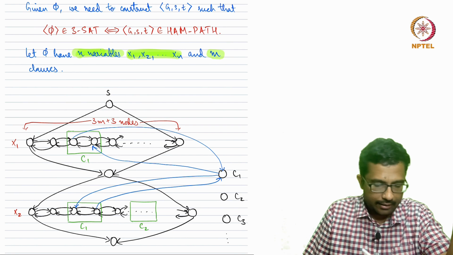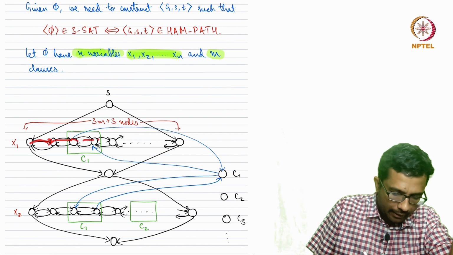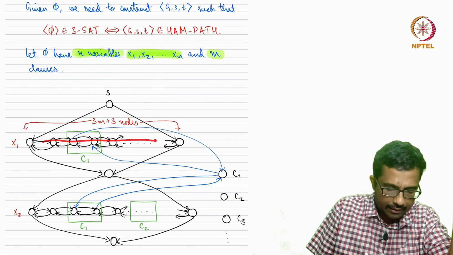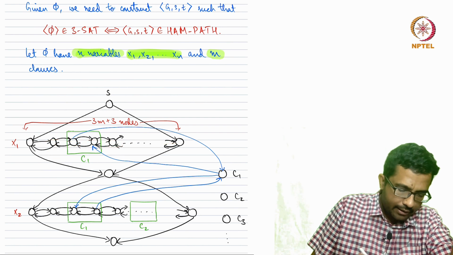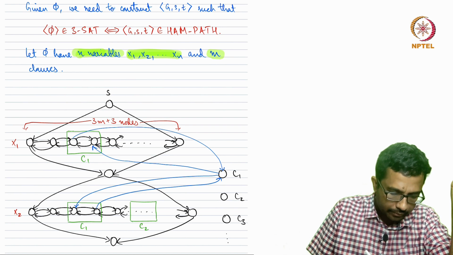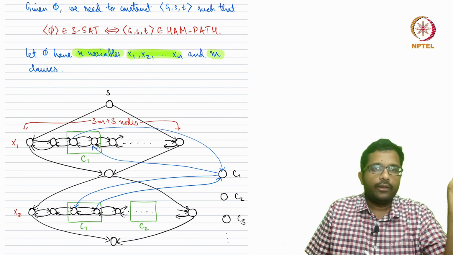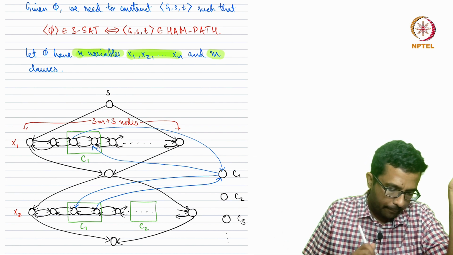Between each of these adjacent vertices there is an arrow from left to right and an arrow from right to left. And why 3m plus 3, I will explain briefly.